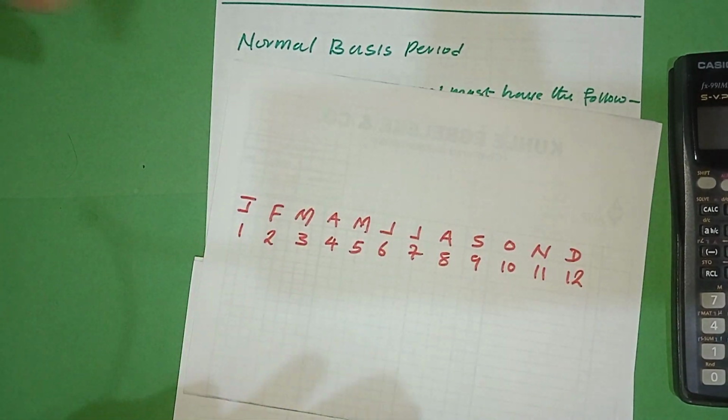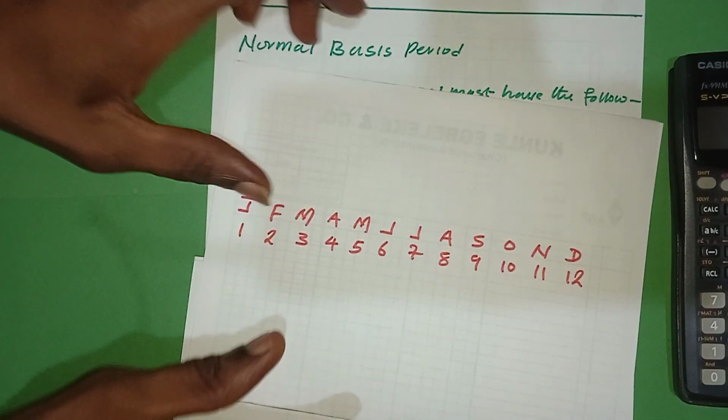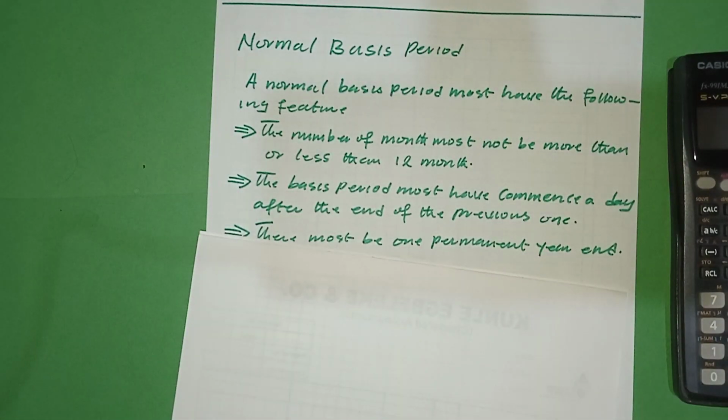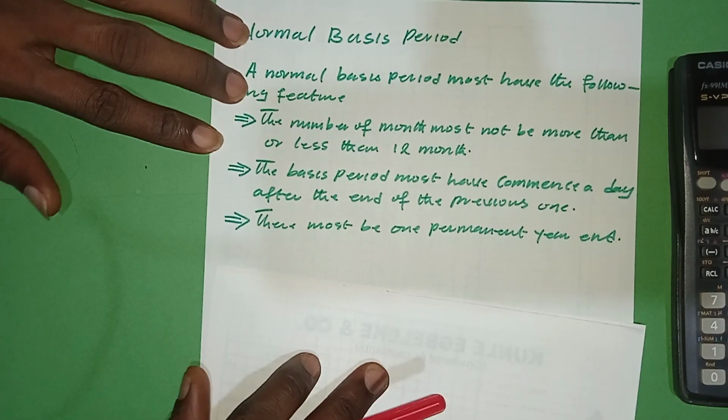It must complete 12 months. That is one of the features of a normal basis period. It must not be less than 12 and it must not be more than 12. It must be 12.